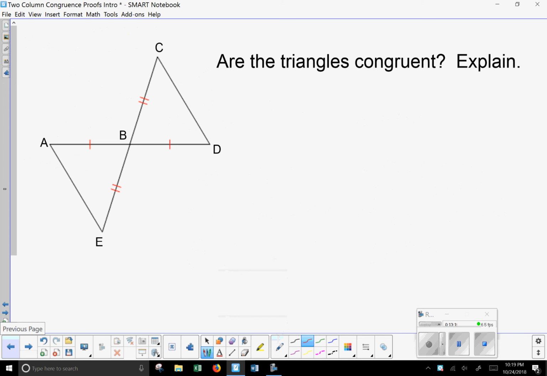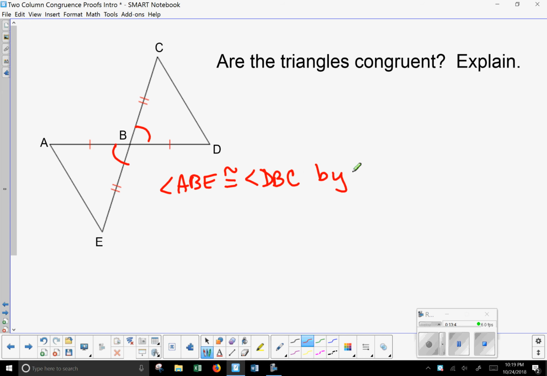What about this one? What can I say about this one? Are these triangles congruent? Okay, well, is there anything in the picture that is congruent that is not marked? Oh yeah, we've got those vertical angles going on again, don't we? Okay, so angle ABE would be congruent to angle DBC.